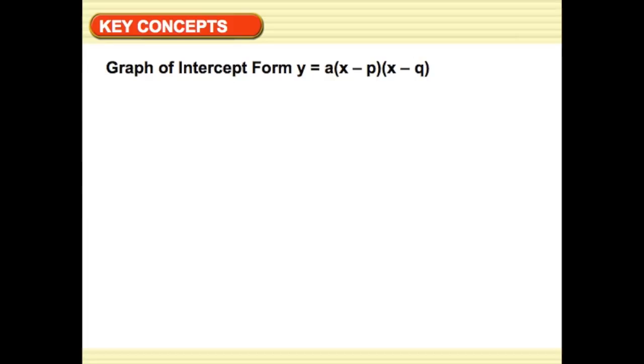The next set of key concepts is to graph the intercept form. This is again another new form of a quadratic function. The x-intercepts in this particular form are p and q, not p plus q, but p and q, which is useful information.